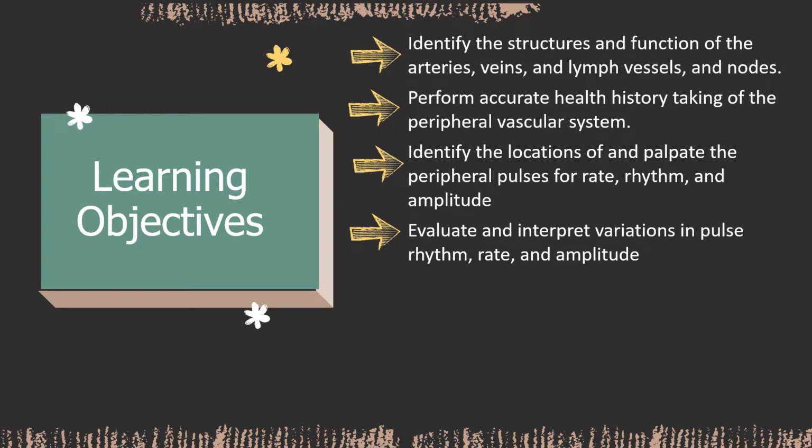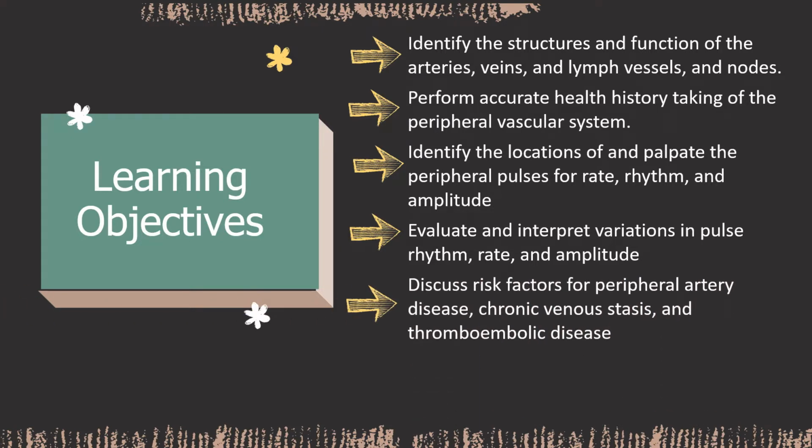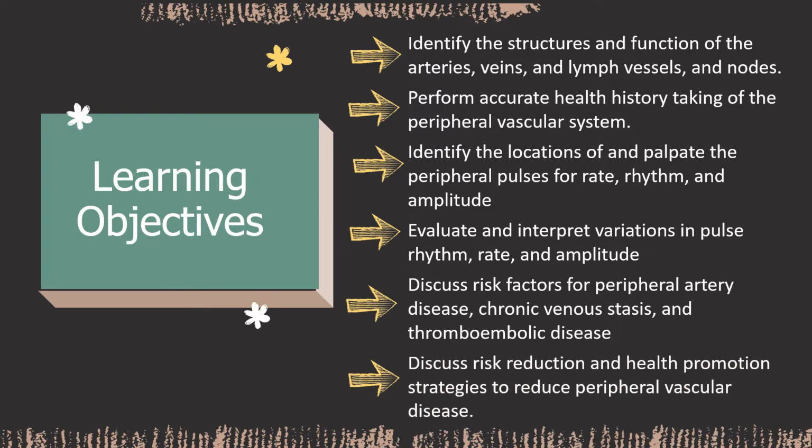Evaluate and interpret variations in pulse, rhythm, rate, and amplitude. Discuss risk factors for peripheral artery disease, chronic venous stasis, and thromboembolic disease. And discuss risk reduction and health promotion strategies to reduce peripheral vascular disease.